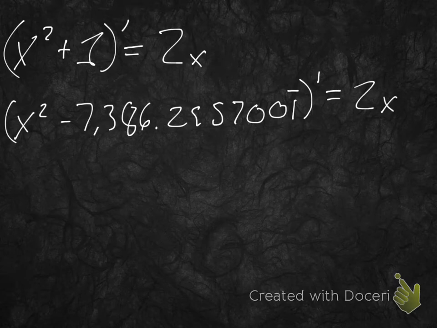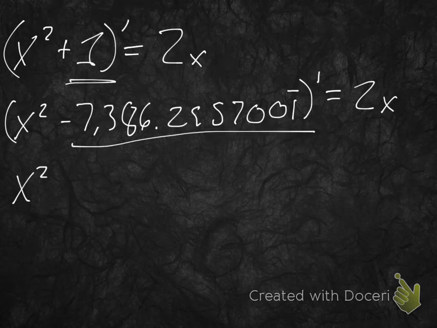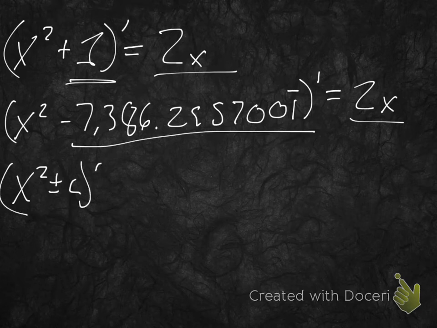So the derivative of anything plus a constant, we could work this out literally an infinite number of times and get the exact same answer, and it'd just be a waste. So we can just say x squared plus or minus c, any constant, prime, is just 2x. So we know that the derivative of any function plus c is unchanged.